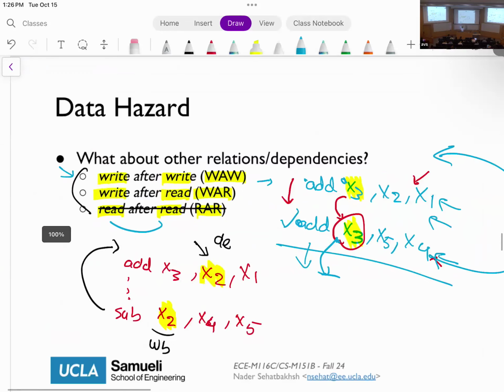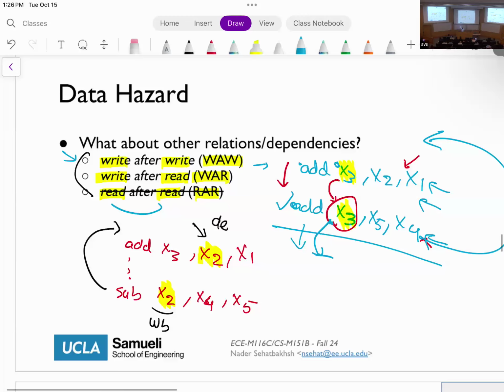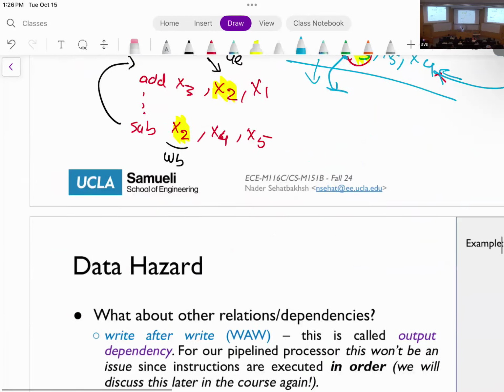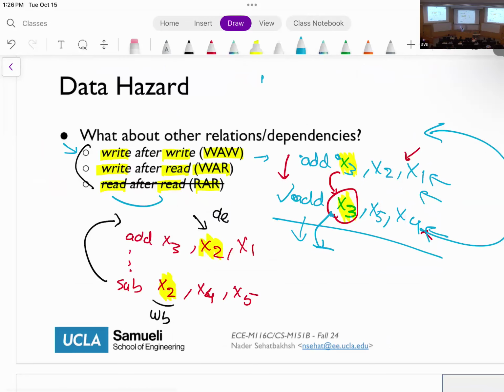But then the interesting thing will happen once we start reordering these things. And that's what we're going to talk about later in the course. And then you will see that all of these now become a problem, and we're going to find a way to fix them as well. But for now, don't worry about them. So essentially, the only thing that we're going to have is RAW data hazard. Every other hazard is not a problem in in-order processors.